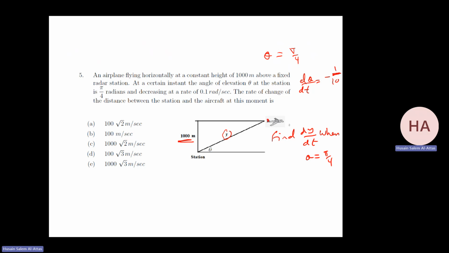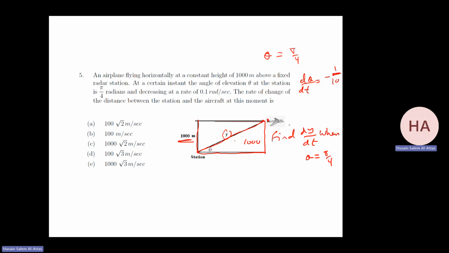You want y. So let me draw this triangle, maybe easier. This I can make like this, and this is for sure 1,000. So I have this triangle now, which will make it easier for me. So I have tan theta... no, be careful.